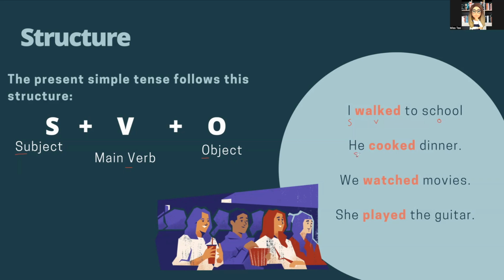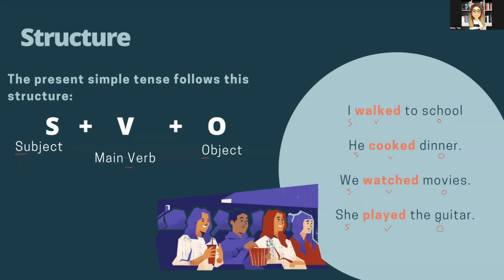He is the subject. Cooked is the verb. And dinner is the object. We watched movies. We is the subject. Watched is the verb. Movies is the object. She played the guitar. She is the subject. Played is the verb. And the guitar is the object.